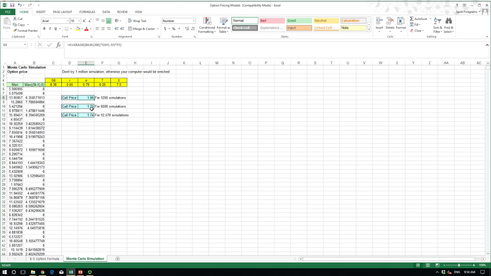This Monte Carlo simulation delivers different numbers for the option based on the number of simulations. The more simulations you do, the more accurate the option price will be. When you do 1200 simulations, it's not very accurate. But when it goes beyond 6,000 simulations, the option price is approaching its best value.